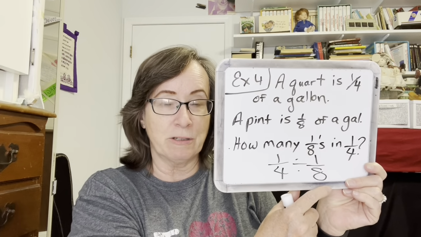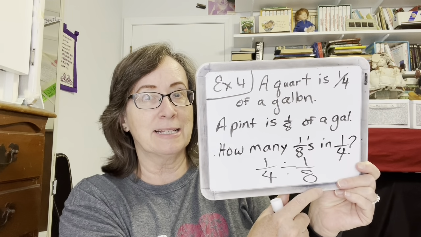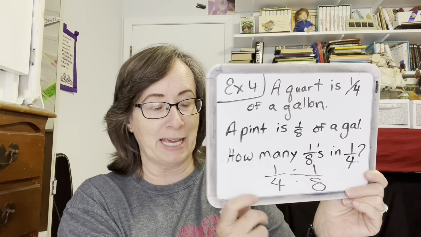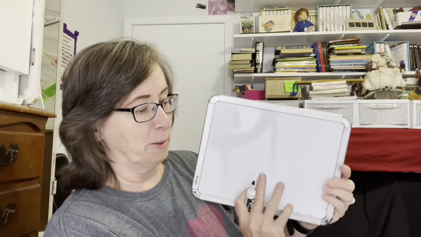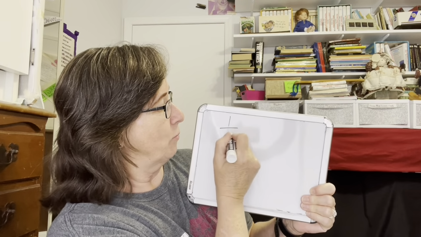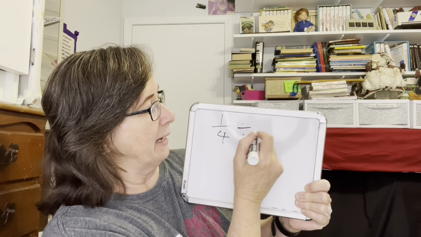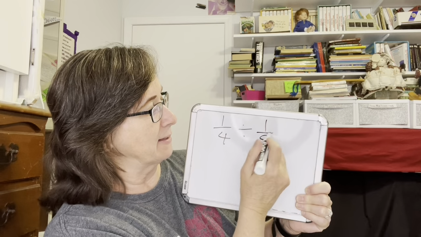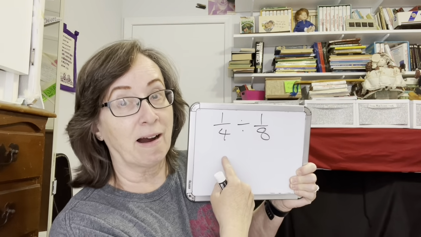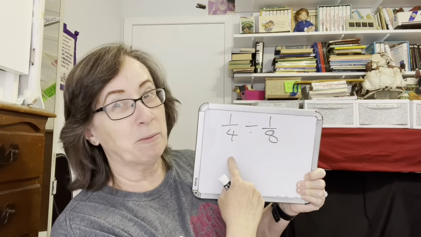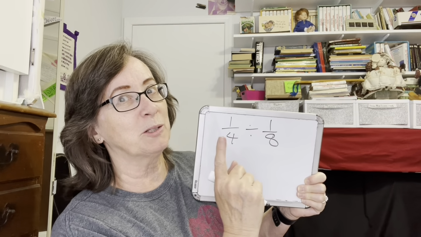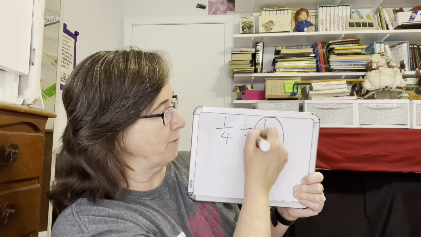So what do we know? Division by a fraction is the same thing as multiplication by the reciprocal. So let's do that over here on a little bit cleaner board. 1/4 divided by 1/8 tells us how many eighths are in a fourth. Okay, but we're not going to divide. We're going to multiply by the reciprocal. So here's our fraction.